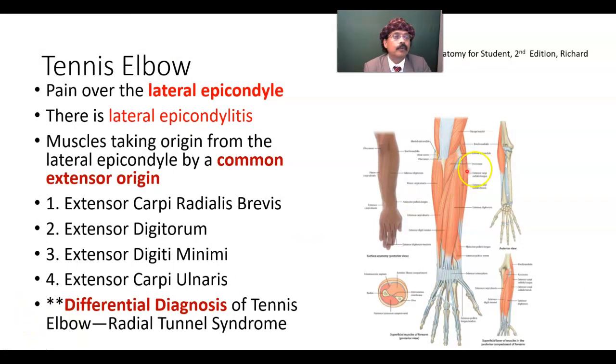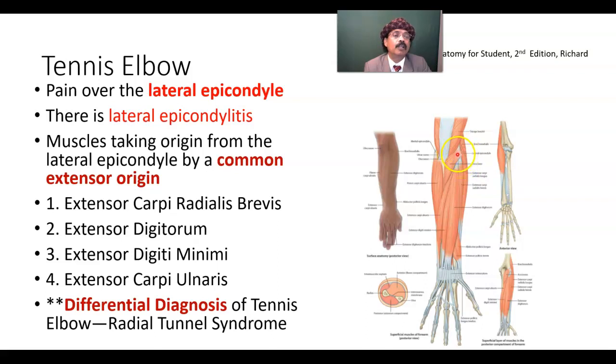So extensor carpi radialis brevis, extensor digitorum, then the extensor digiti minimi, then extensor carpi ulnaris. These are the muscles which have common extensor origin from the lateral epicondyle.